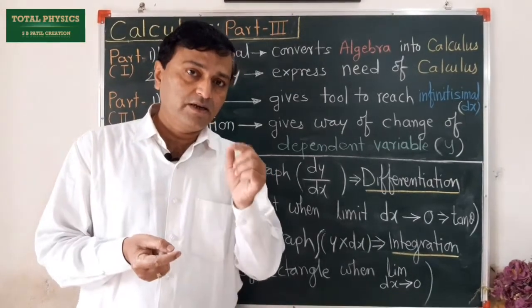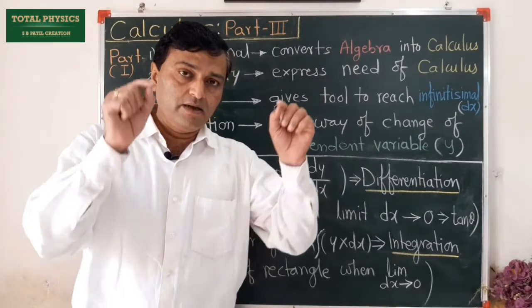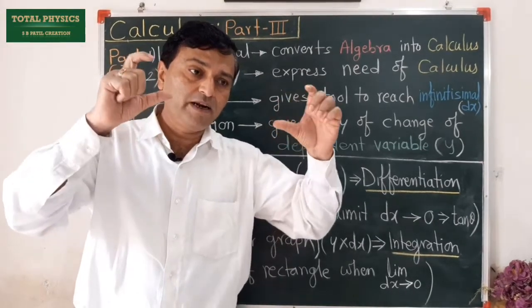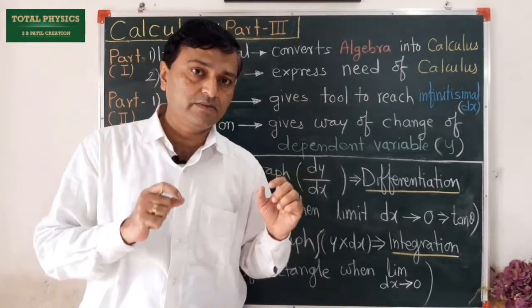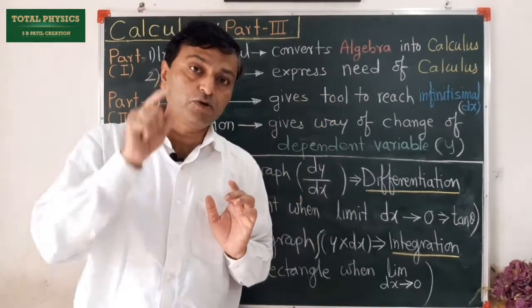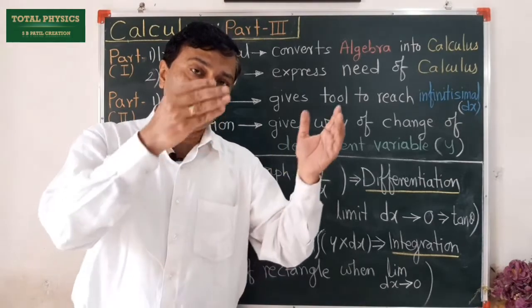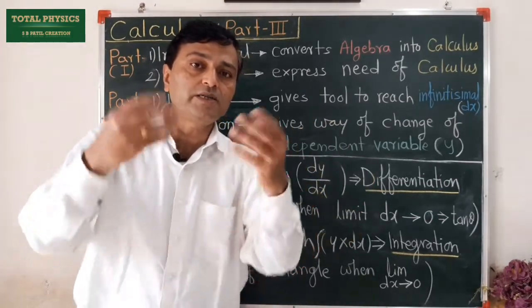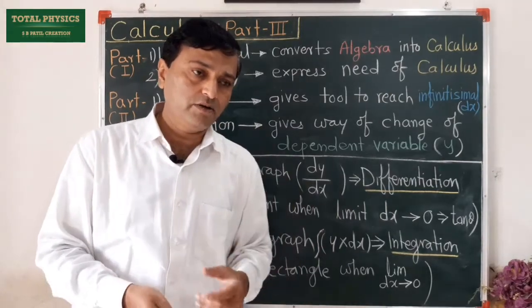After this, we will see the actual integration process, means how we develop the formula for integration. Simple formula, you know the formula, you know the result. Now we will learn how the process is developed to reach the formula, any formula.